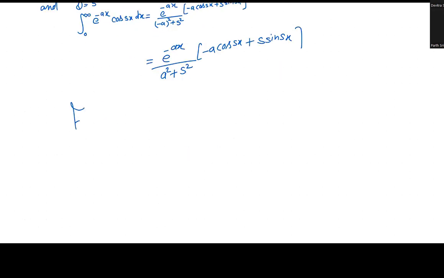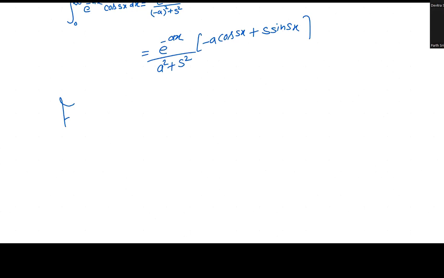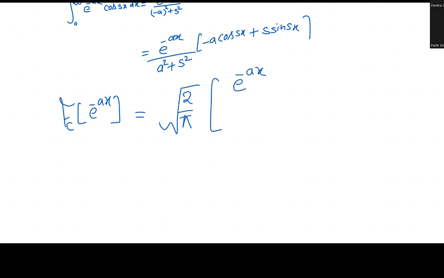So the Fourier cosine transform for f(x) = e^(-ax) is equal to square root of 2 by pi, in brackets, e^(-ax) over (a squared plus s squared) into (-a cos sx plus s sin sx).